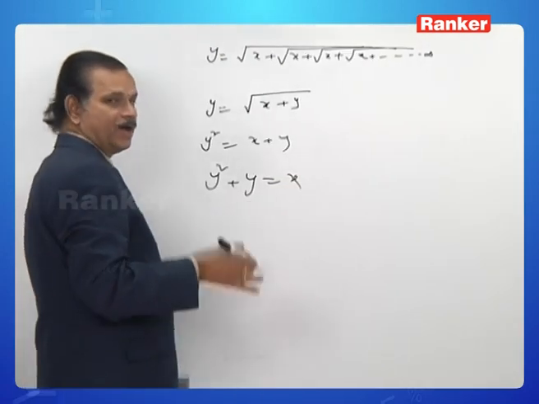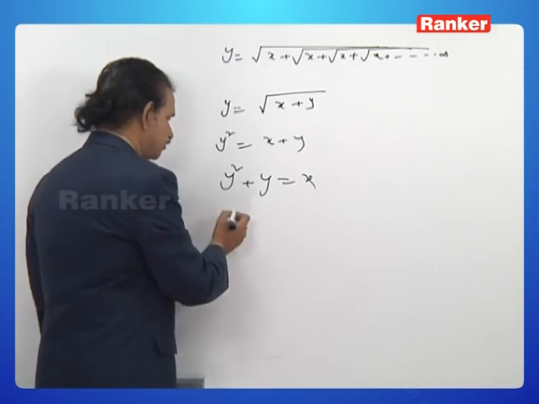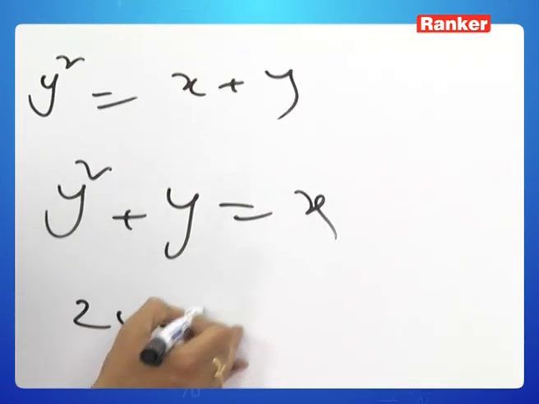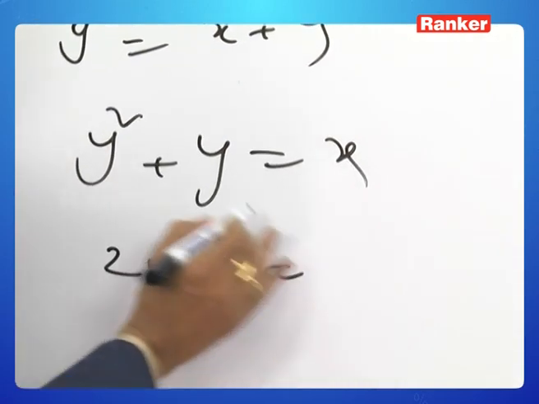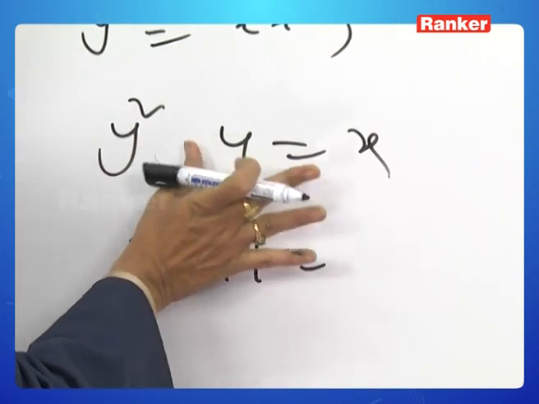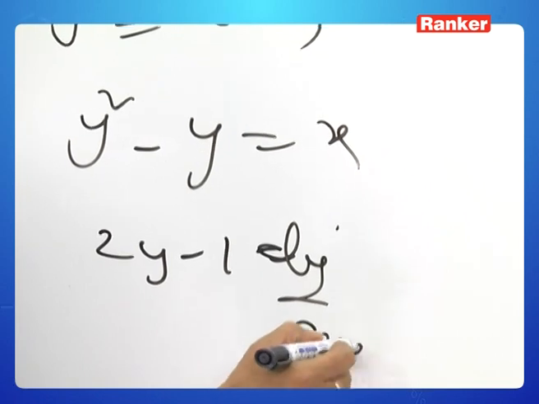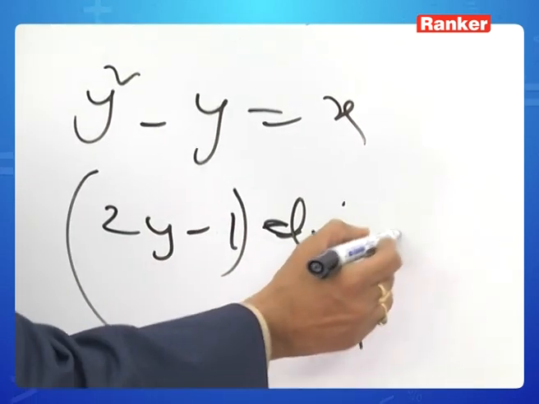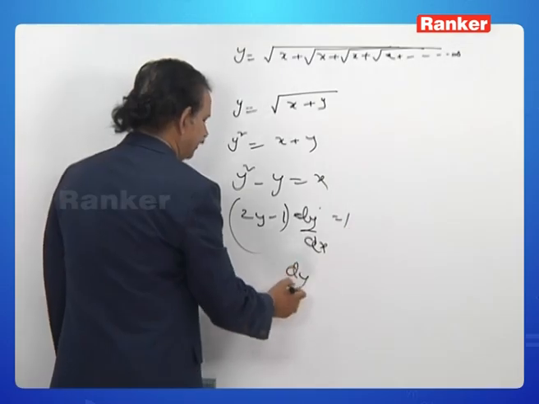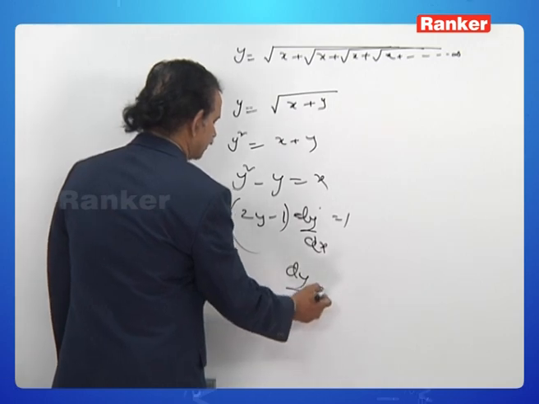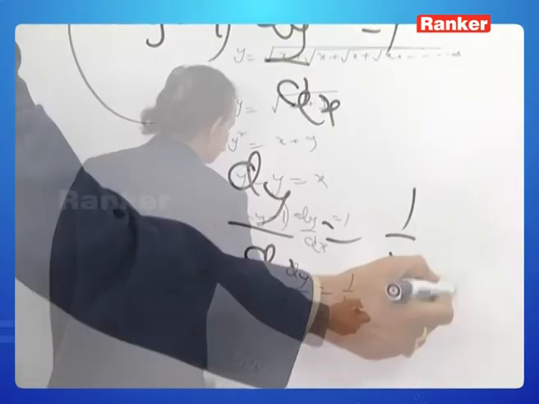Now you differentiate on both sides so that you have 2y minus 1 into dy by dx is equal to 1. Hence, dy by dx is equal to 1 by 2y minus 1.